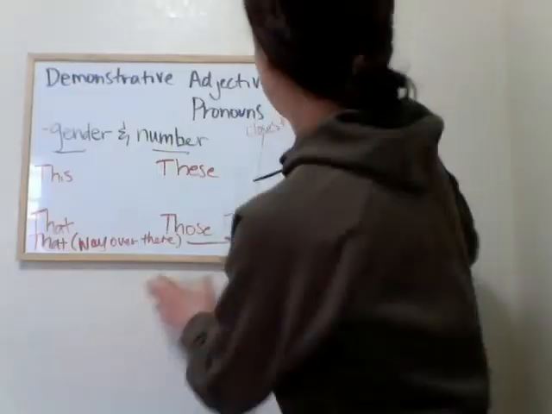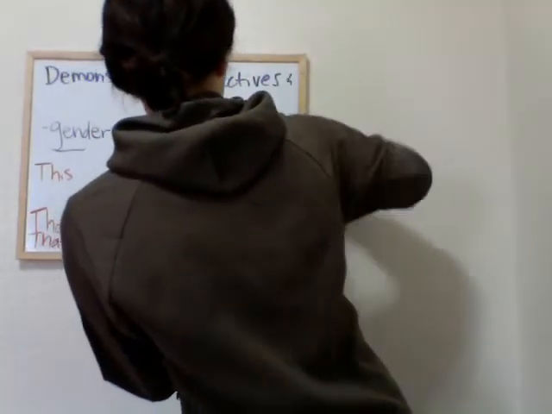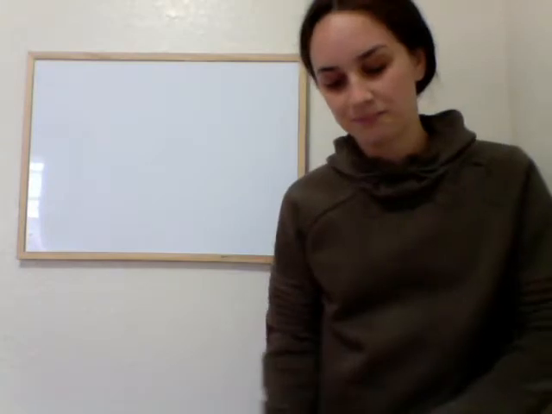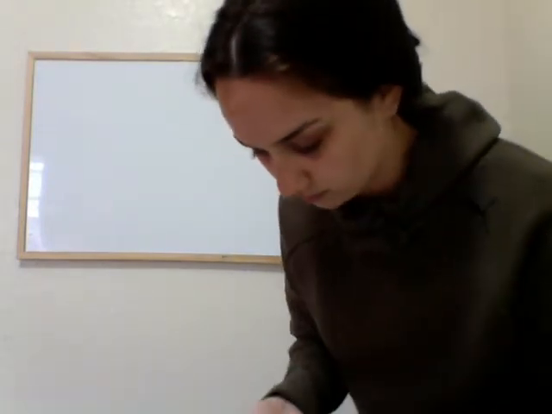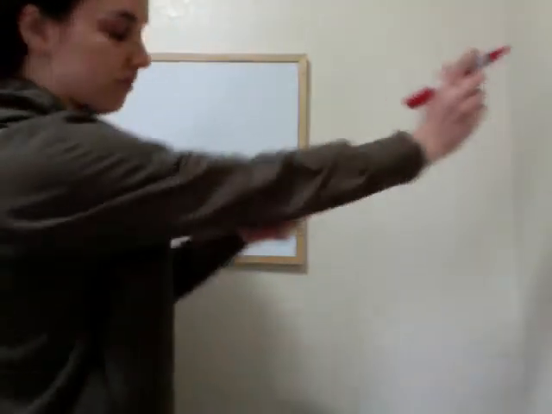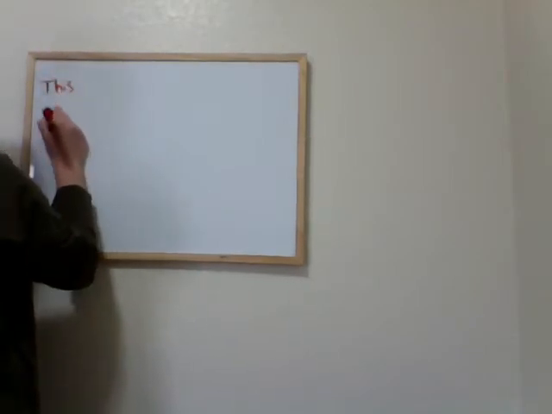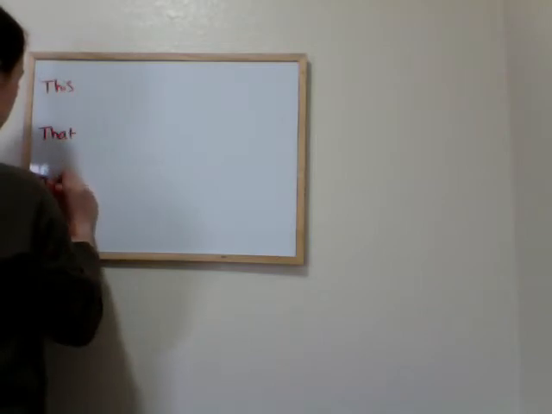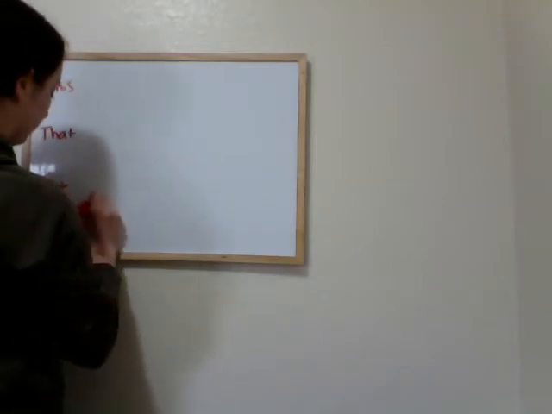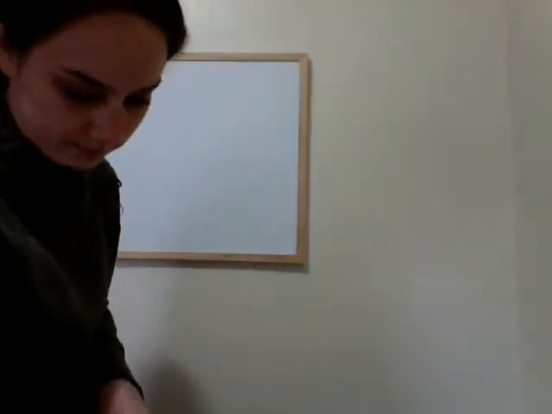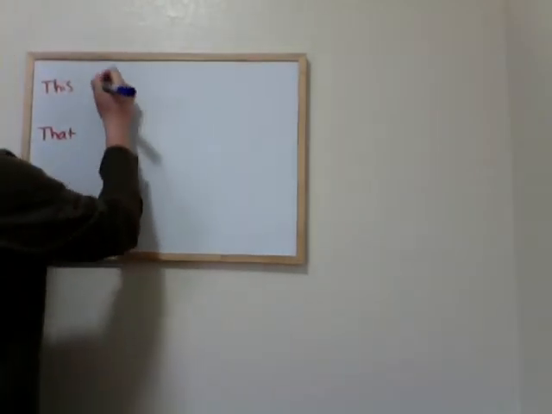Now that we have that, let's look at specifics. All right? Now, to organize this, we have this, that, and that over there. And so in Spanish, this would mean we have two types.